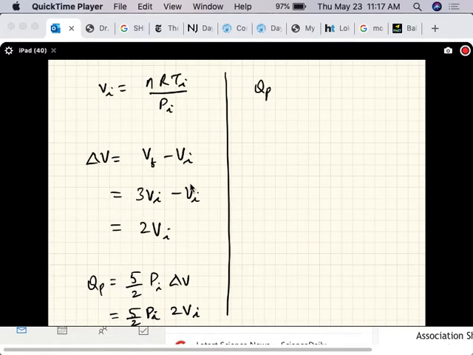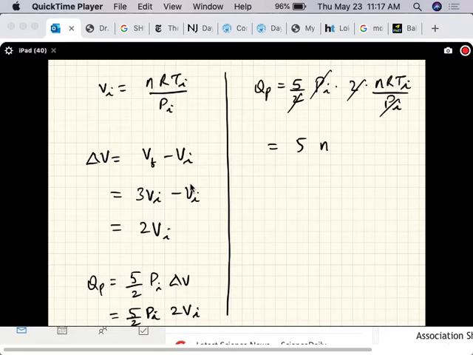So Qp is 5/2 P initial times 2 V initial. V initial is nR T initial over P initial. Just doing a whole bunch of algebra to simplify all this stuff. So the heat added is 5 times nR T initial.